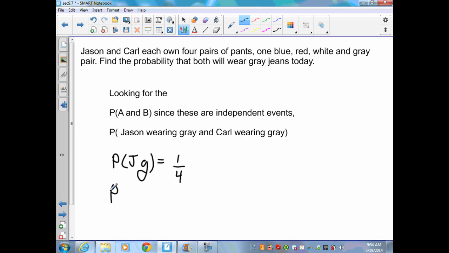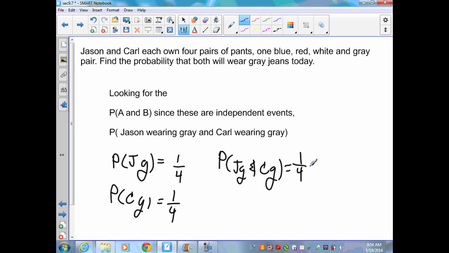The probability of Carl wearing gray, CG, is the same, 1/4. So the probability of Jason wearing gray and Carl wearing gray is equal to each of these probabilities multiplied together: 1/4 times 1/4, which equals 1/16.